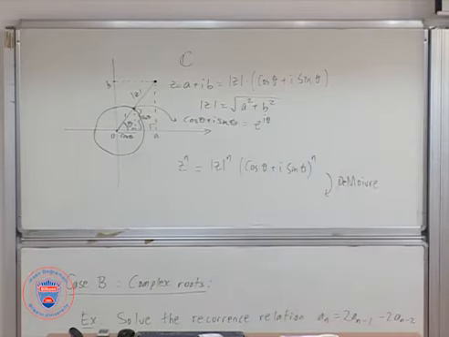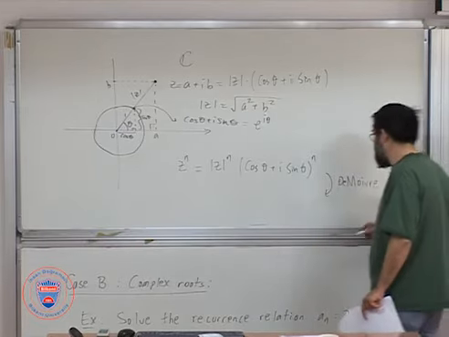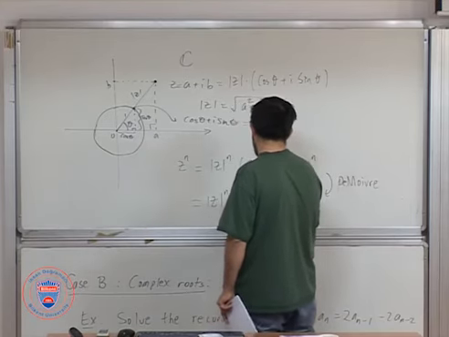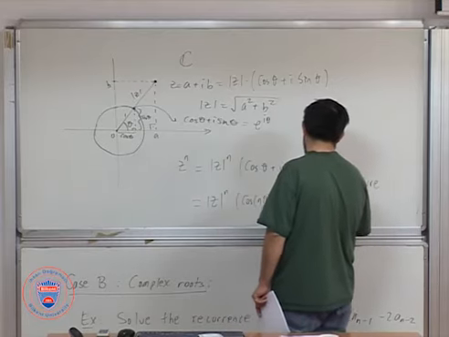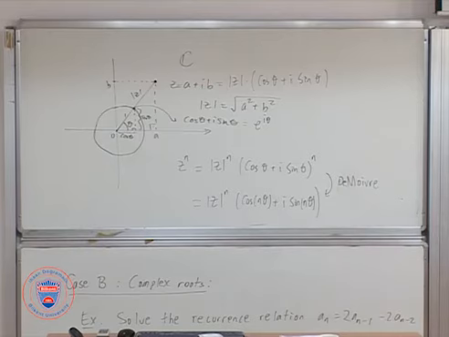He showed that if you want to take the n-th power of this, you get cosine n theta plus i sine n theta. It's as simple as that, the n goes inside.